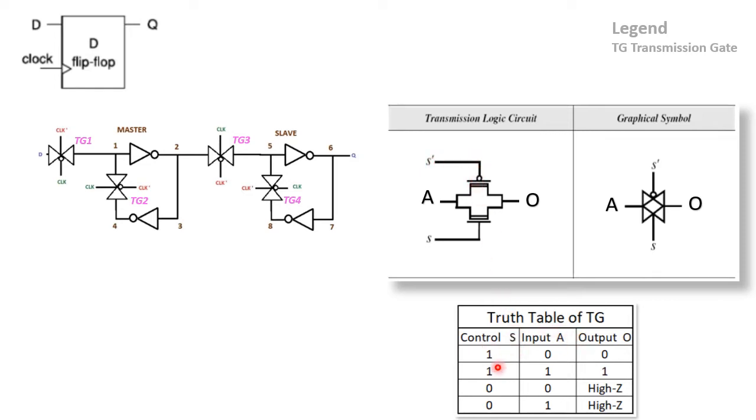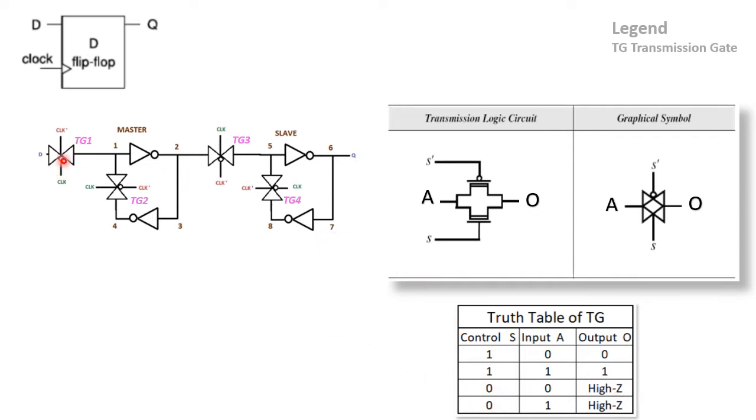Based on the truth table of the transmission gate, when the control signal S is 1, whatever is the input will be transmitted to the output. However, if the control signal S is 0, then even if the input is 0 or 1, the output will be in a high impedance state. That means the transmission gate will purely block the input from reaching the output when S equals 0.